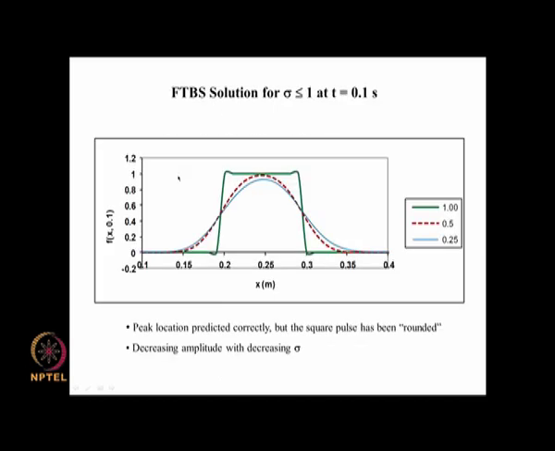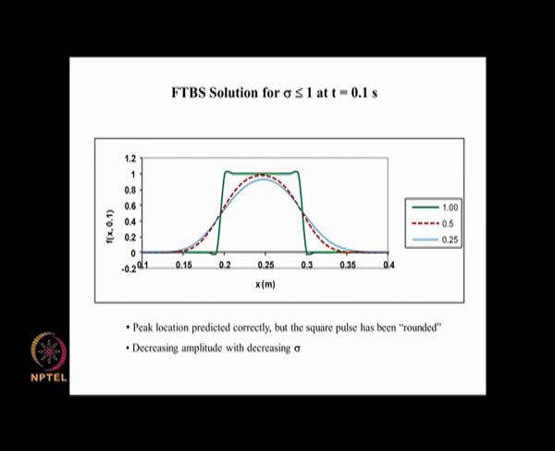Then we compared the solution at a fixed time of 0.1 second using different schemes like FTBS, FTFS and FTCS, and using different values of Courant number. So for a given Δx we simply varied the Δt, and we were expecting a certain trend to be reflected in the solution.